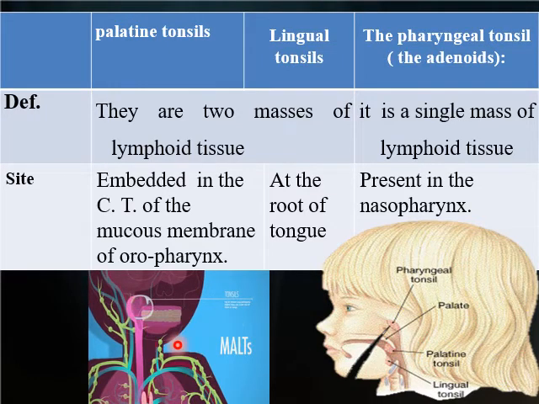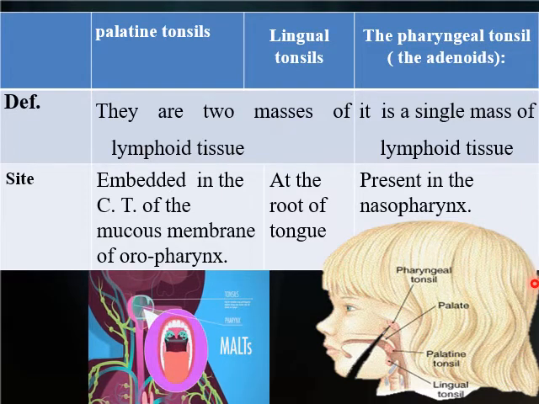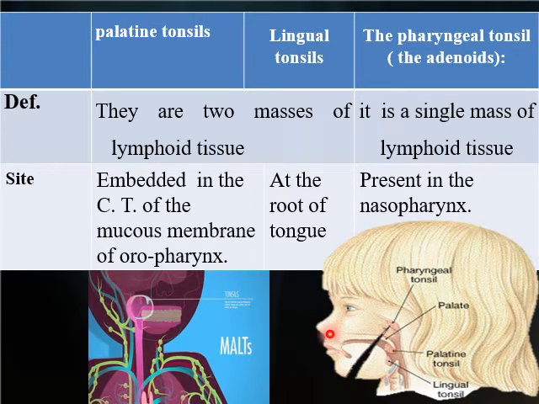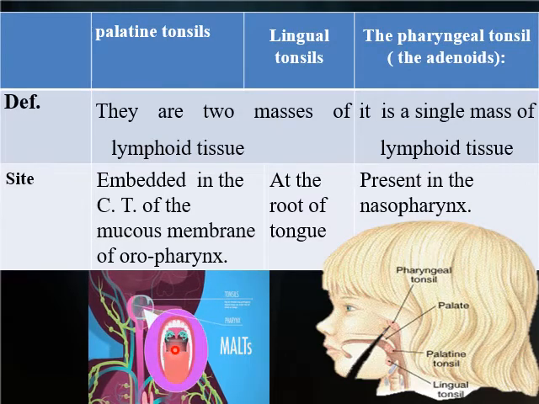The lingual is at the root of the tongue, and the pharyngeal tonsil is present in the nasopharynx. The palatine is present in the oropharynx.